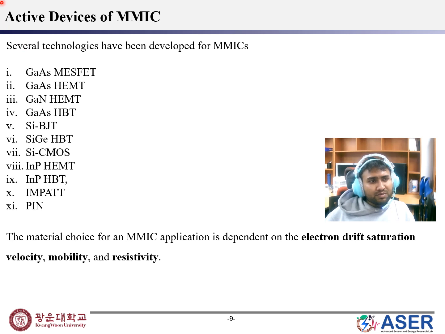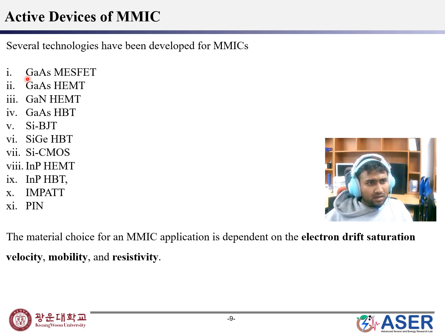Active devices of MMIC. Several technologies have been developed for MMIC, like gallium arsenide MESFET, gallium arsenide HEMT, gallium nitride HEMT, gallium arsenide HBT, silicon BJT, silicon germanium HBT, silicon CMOS, indium phosphide HEMT, indium phosphide HBT, IMPATT and PIN.